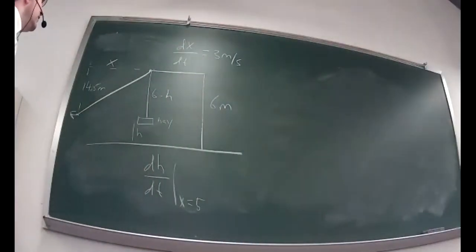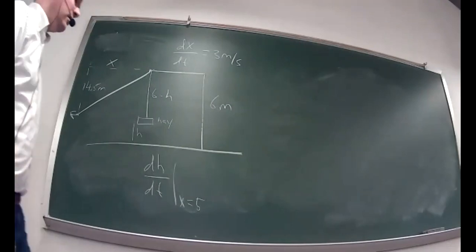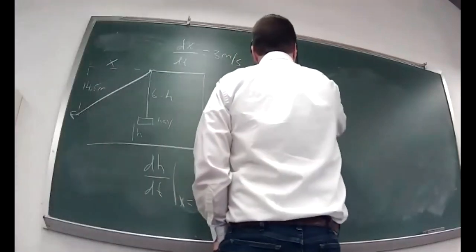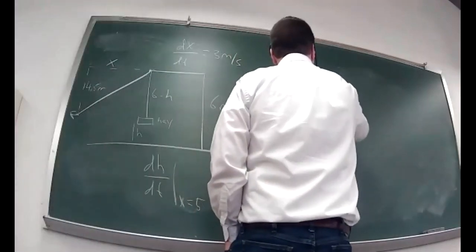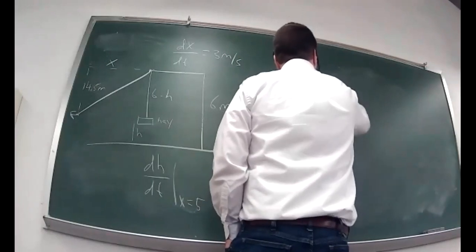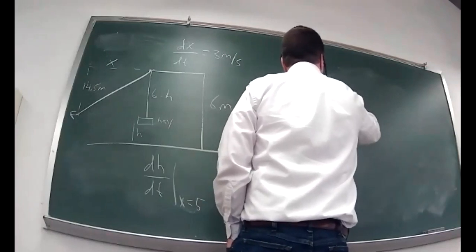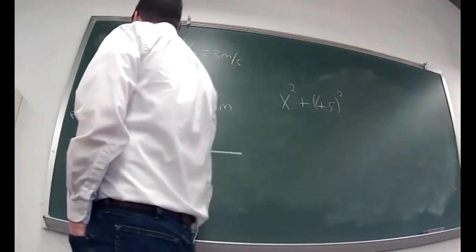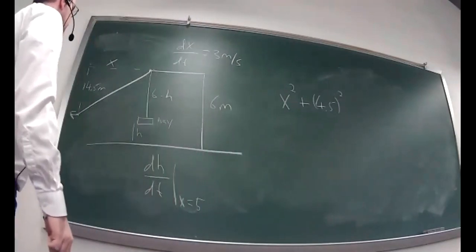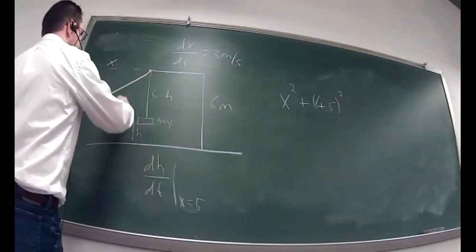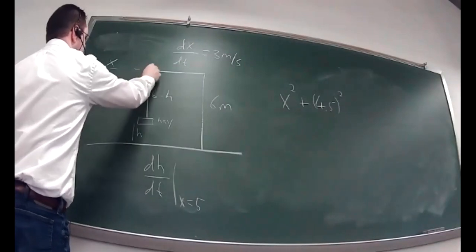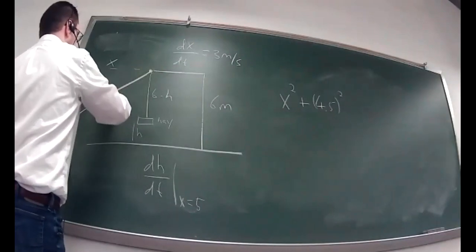If you immediately go to the Pythagorean theorem, you're going to get that x squared plus 4.5 squared is equal to the length of the hypotenuse.